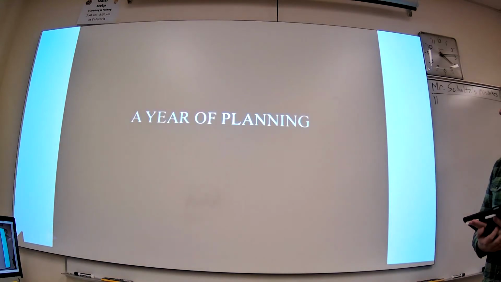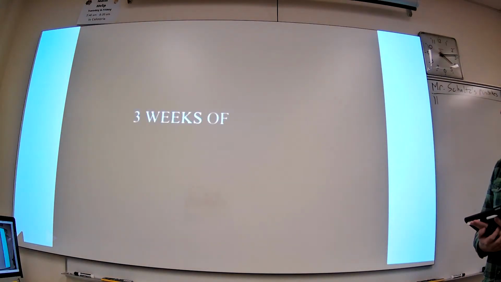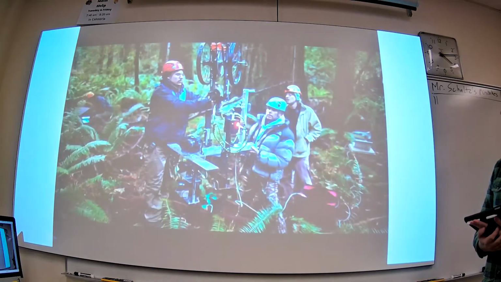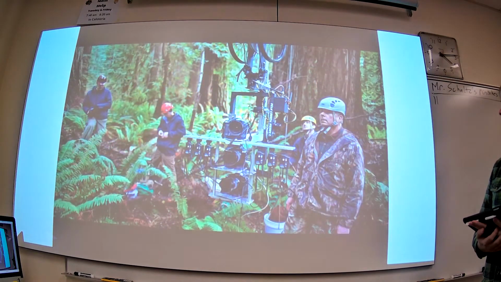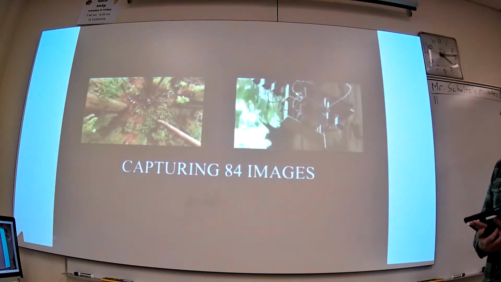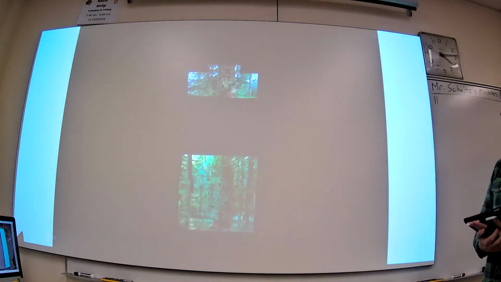Spent a lot of time figuring out how to make this picture, and ultimately we ended up raising cameras up into the canopy. We made it mechanized. We put 3 cameras on a dolly. There's a gyroscope. Drop it slowly down, and also we're making a photograph. So what you're going to do is you're going to build a tree out of lots of pictures.